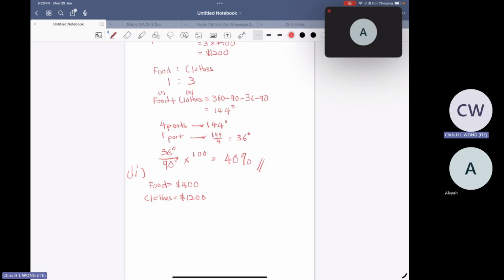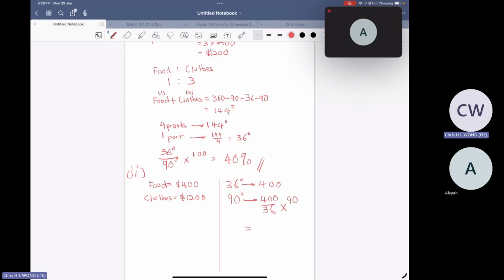So 36 degrees, I separate them, okay? 36 degrees, how much? 400, very good. You need how many degrees? 90 degrees. 90 degrees, how much is that? 400 divided by 36 times 90.